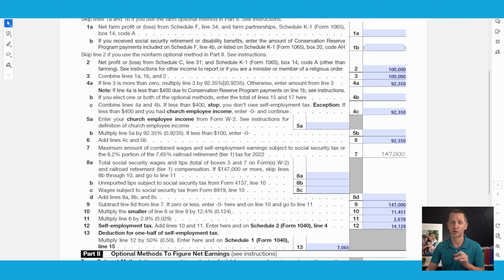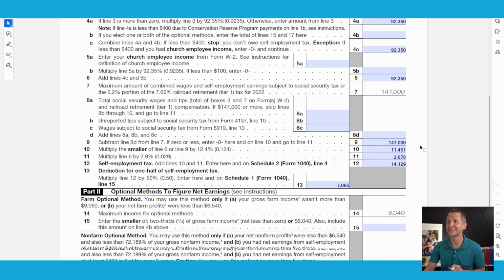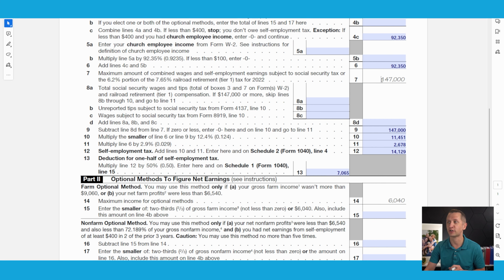Now, I want to point this out that this number is going to look very similar to our shortcut method, but they are not the same number. So this is 92.35%. You can see that number ends up on line 4C, again on line 6. And then on line 7, we see the Social Security maximum for 2022 at $147,000. Over $147,000, there is no more tax for Social Security, but Medicare continues.